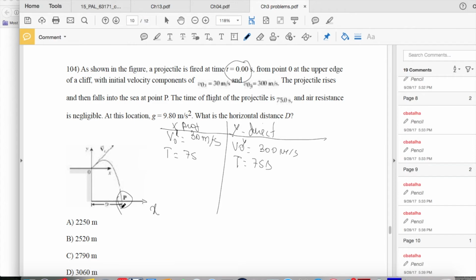What is the horizontal distance d? Well, we know that d is equal to v times t, right? So that's it. Then we got it, meters. That's it. So we don't need that information at all.